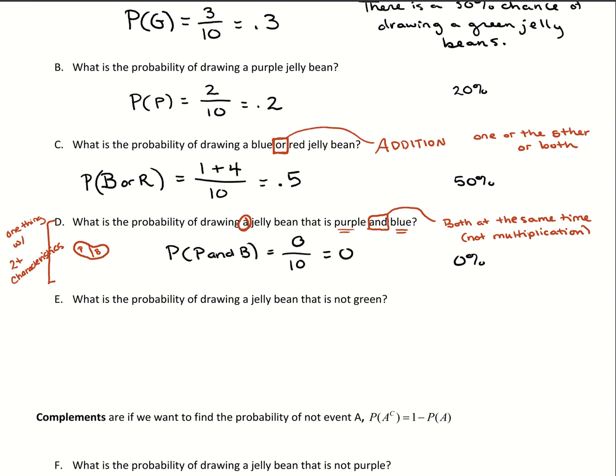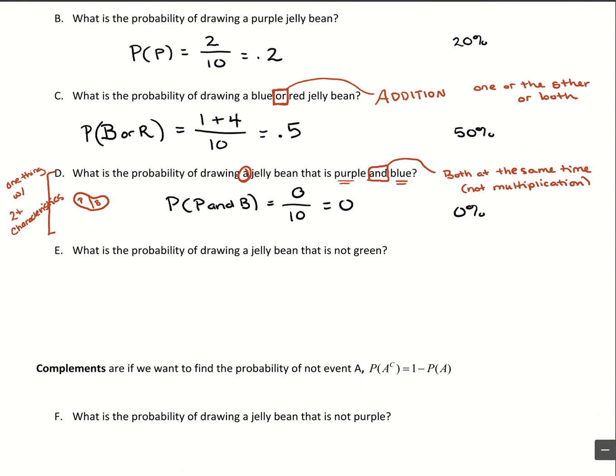And then, what is the probability of drawing a jelly bean that is not green? And this is what we talked about up above with the complement rule. So we'd want to look at probability of not green, which would be 1 minus the probability of green. So we take 1 minus that 3 out of 10. Which would be a 0.7.